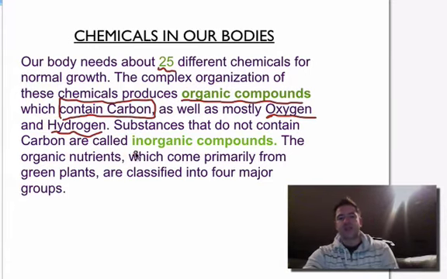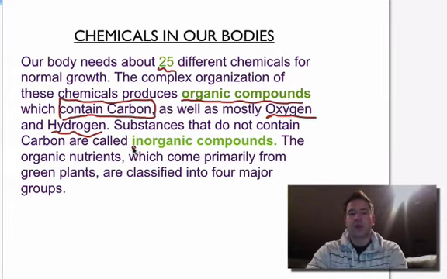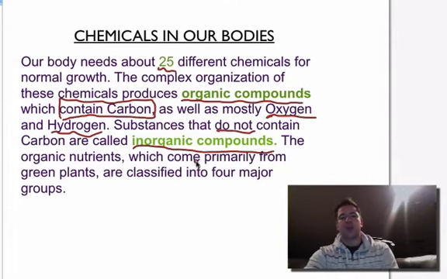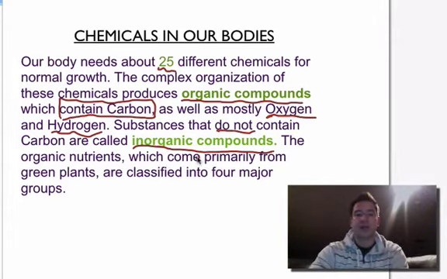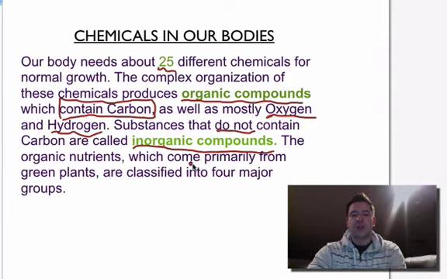Substances that do not contain carbon we're going to call inorganic. So if they contain carbon, we call them organic compounds, and if they do not, we call them inorganic. The organic nutrients, which primarily form in green plants, are going to be classified into 4 major groups.